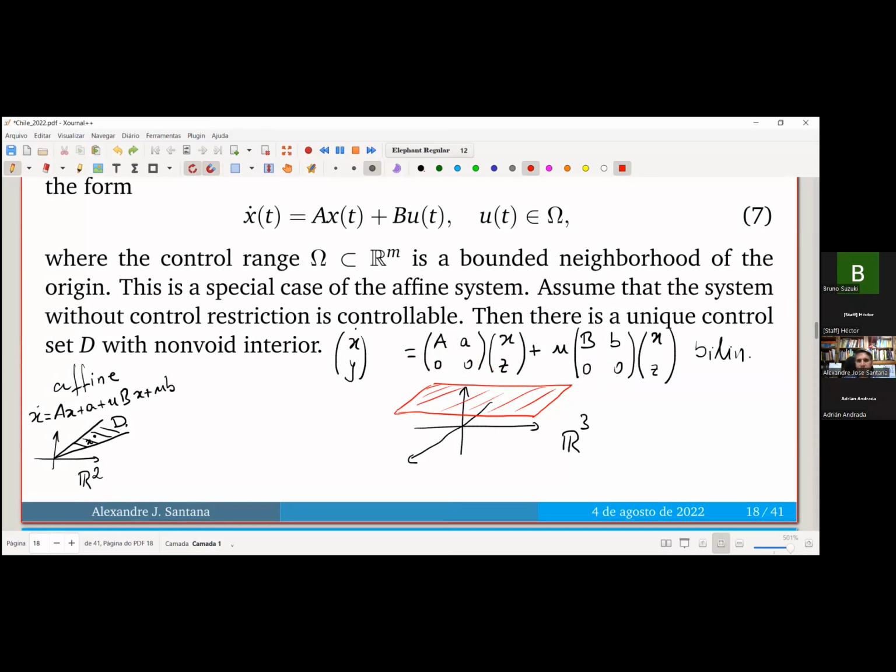Then what do we have? We have that this control set D has one copy in this red plane here.